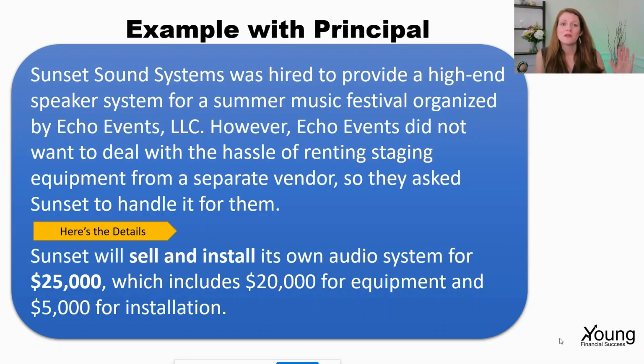Hey, we got too much going on. We're going to take something off of us and have Sunset Sound Systems try to rent the staging equipment. So Sunset will sell and install its own audio system for $25,000, which includes $20,000 for the equipment and $5,000 for the installation.